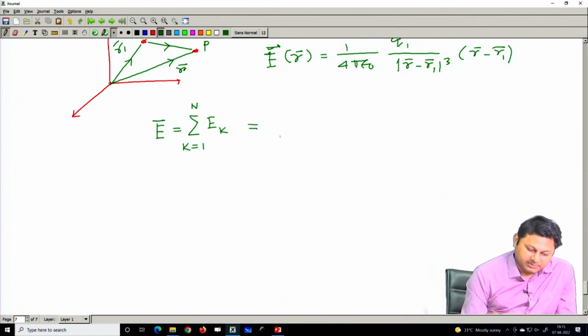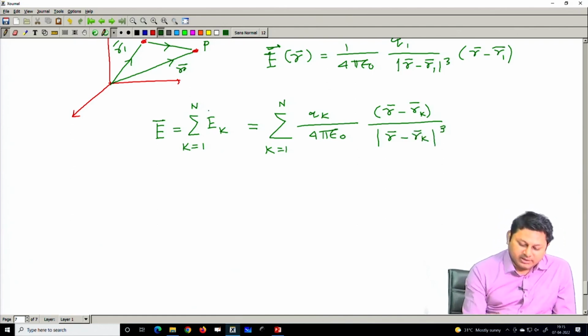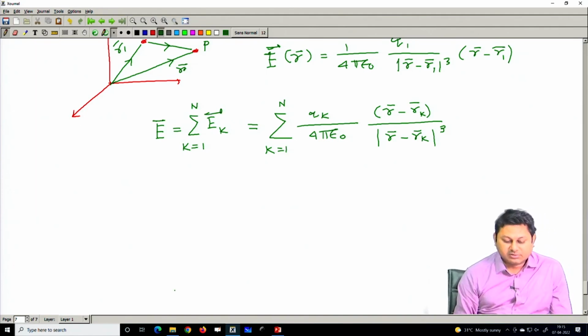So, that eventually gives me the summation of k from 1 to n of q_k divided by 4 pi epsilon 0, then r minus r_k, and then mod of r minus r_k cubed.